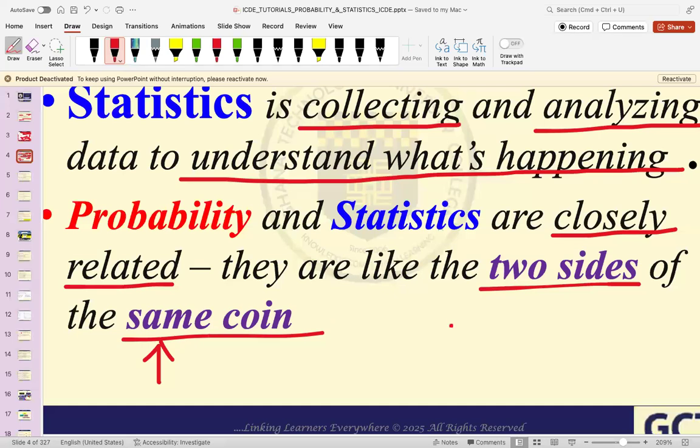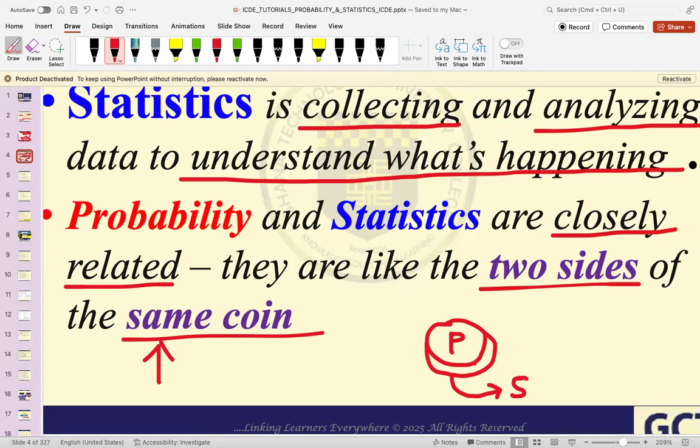Okay, so if this is my coin and it looks this way, if probability is just on the front view, then it means that the other side, which I can't see currently, will be the statistics.